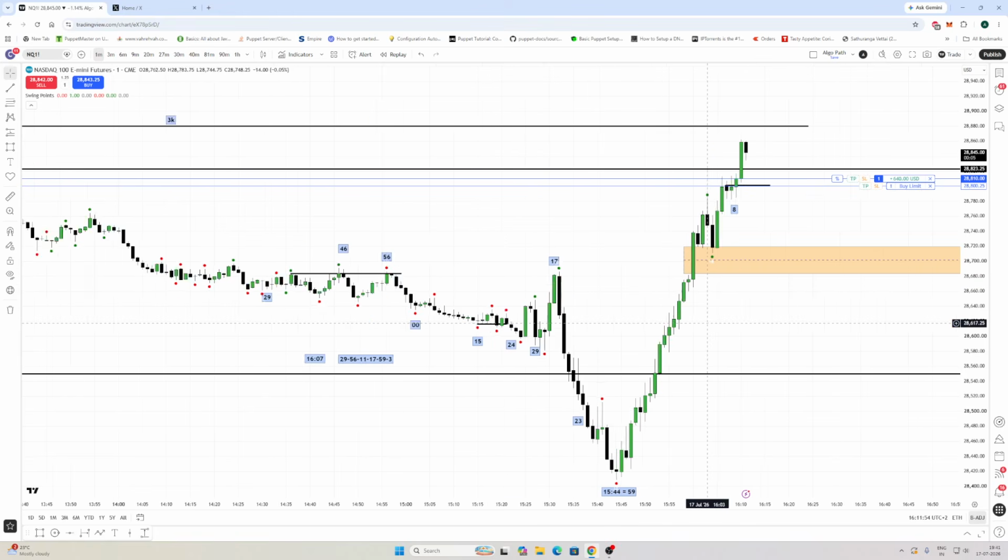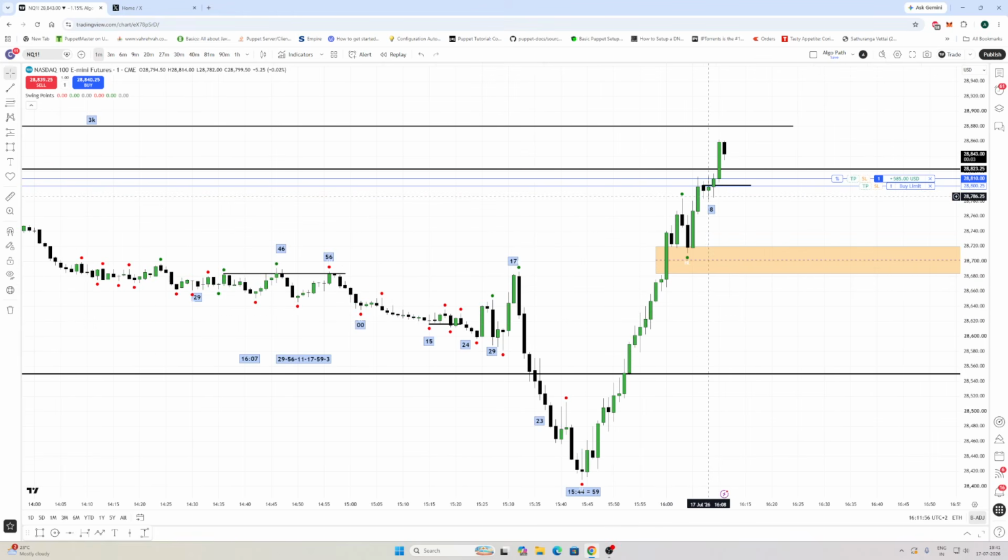Here 8 put a low. 8 is also plus 1 of 7, which is still a CE time, and 7 put an order block. So I expect if we come back here, we will add more. So I expect this to run.